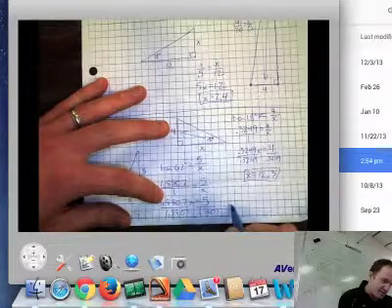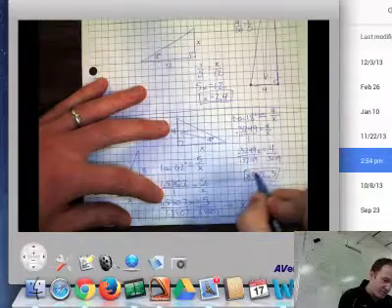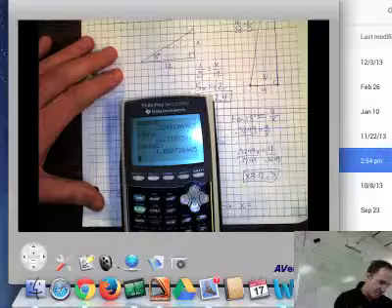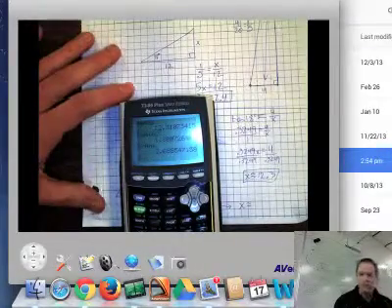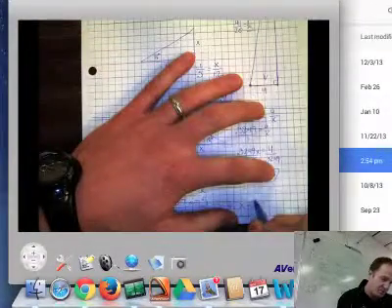And we get x is about, let's see, I want to do 5 divided by that. About 2.7 if we round to the nearest tenth. 2.7.